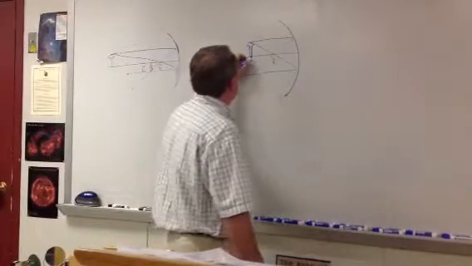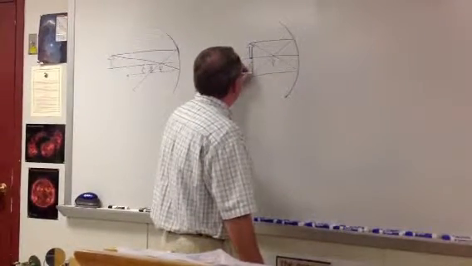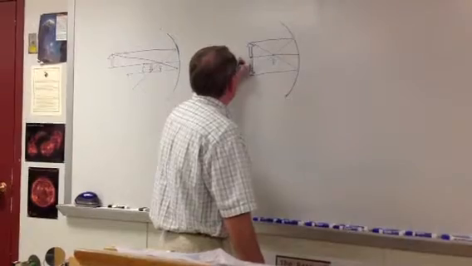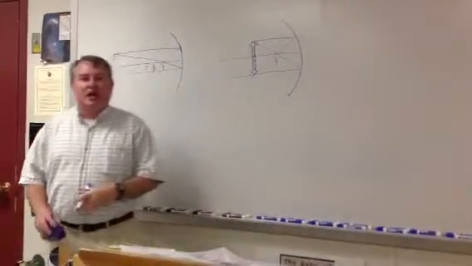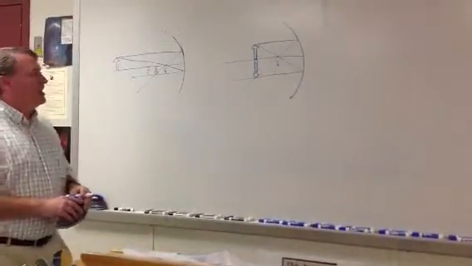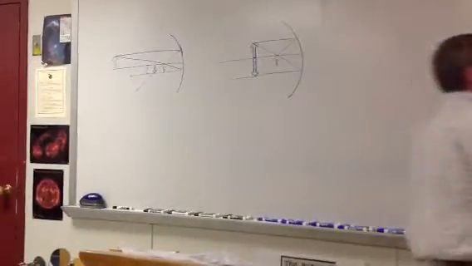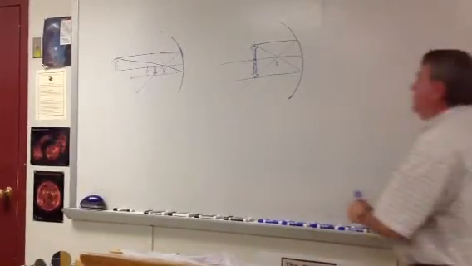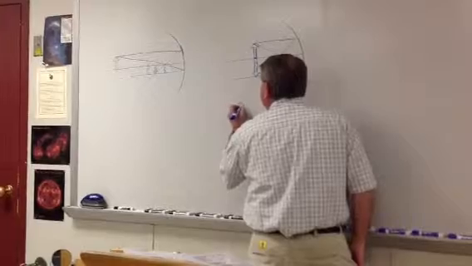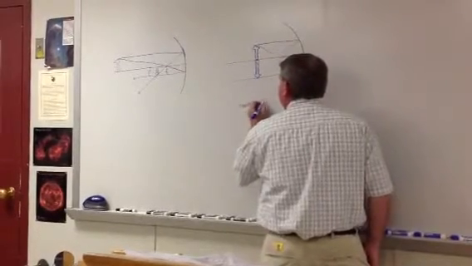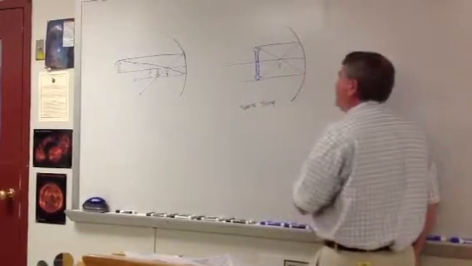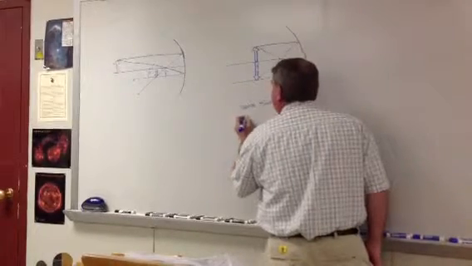And the image is going to be directly underneath the center. It's going to be the same size as the object. It's going to be upside down and real. So I'll write those down. The image is going to be the same size as the object. It's going to be upside down.